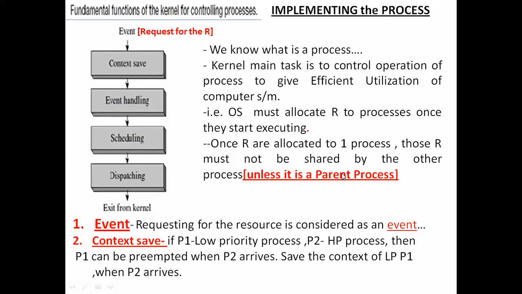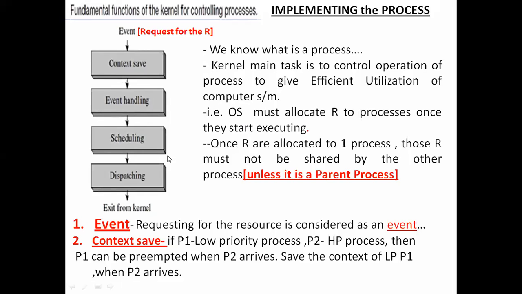Why? Because the resources will only be allocated to the parent process, and no child process can be allocated any resource. Only the child process can make use of the resources that have been allocated to the parent process. With this information, let us deal with these individual blocks.